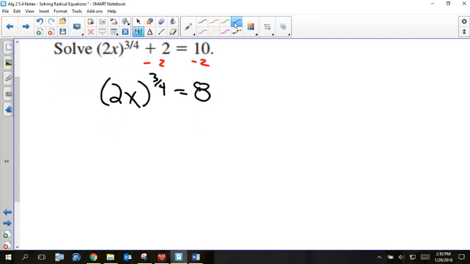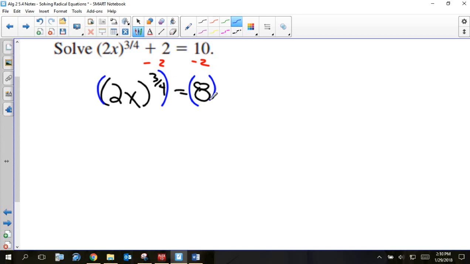Now my next step is to get rid of the 3/4. So that's a power. And what we want is that exponent to turn into 1. So we're going to raise both sides to a power that will make 3/4 turn into 1.